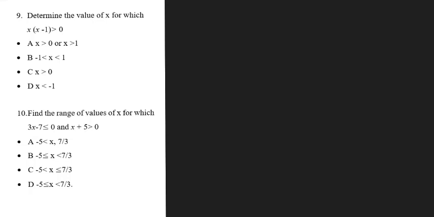Alright, question 9 says determine the value of x for which x into x minus 1 is greater than 0. So we have that x into x minus 1 is greater than 0. In this case now, the best thing to do is to just see this as an equality sign, right?